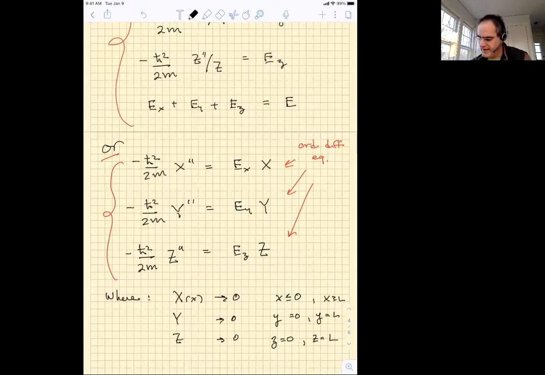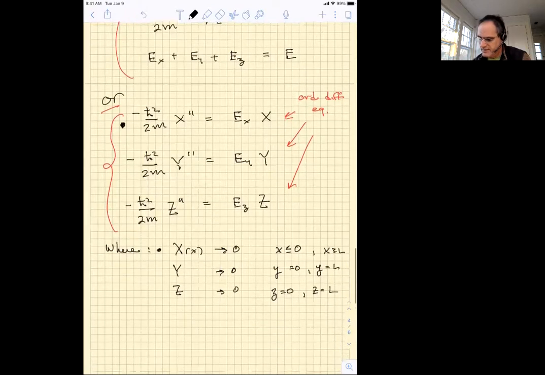Looking at the first set here, what we have is just this equation here, and we're looking for solutions that have the property that they go to 0 at x equals 0 and x equals L. But this is just the original particle in a box problem, okay? So we know what the solutions are.